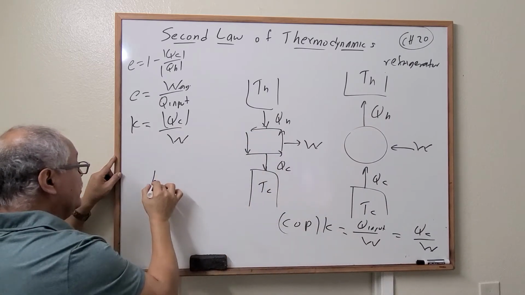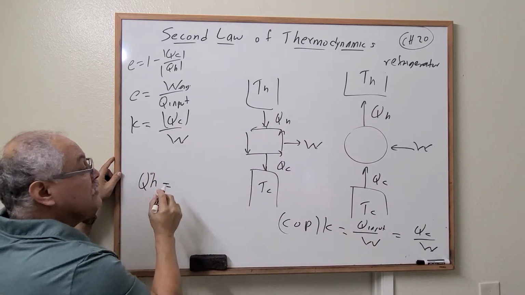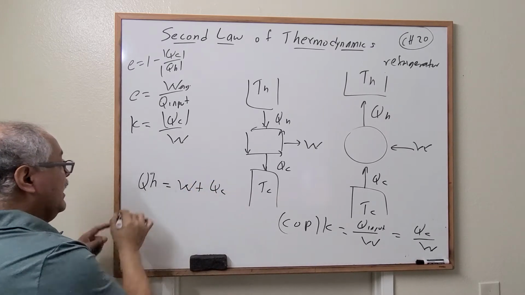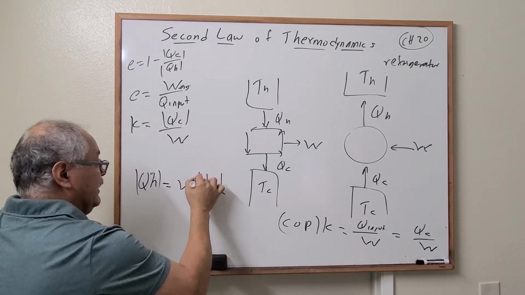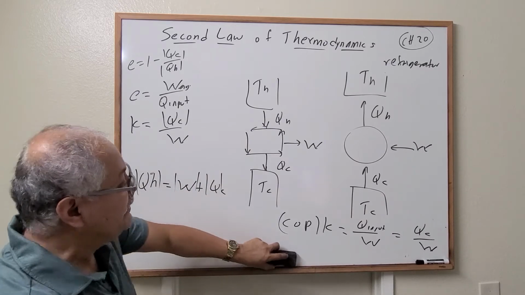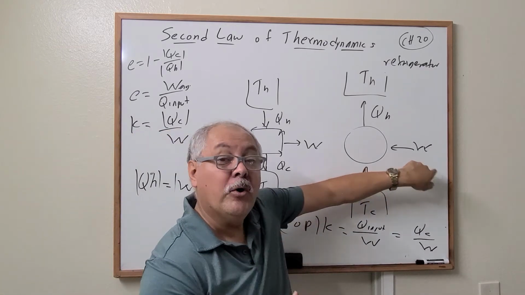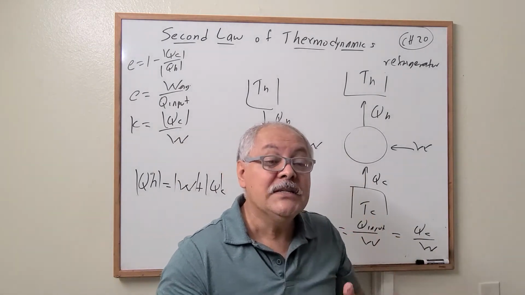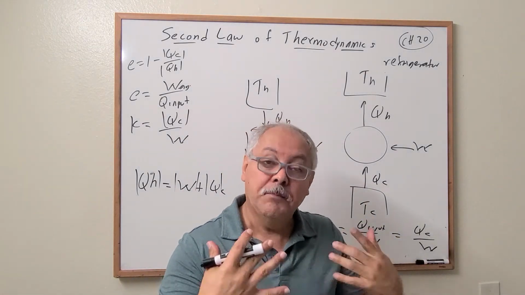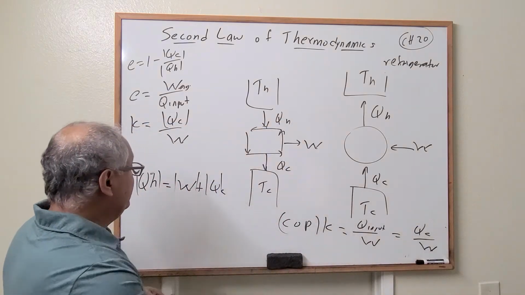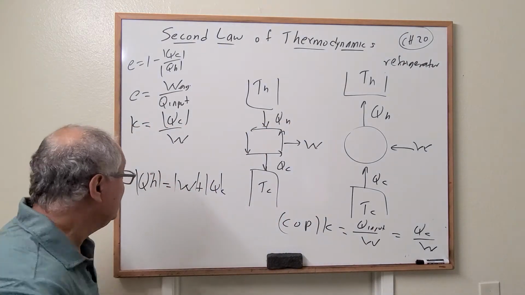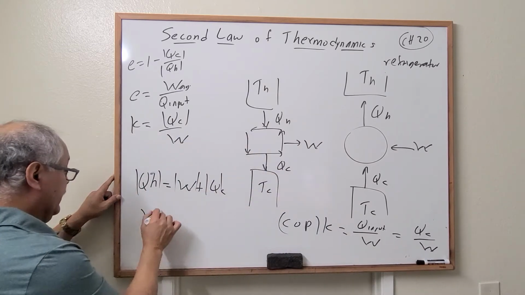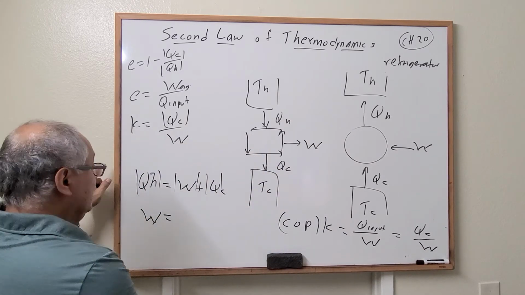So we can say that QH equals work plus QC, with absolute values to avoid signs, because remember, when work is done on the system, work is negative. When work is done by the system, work is positive. To avoid that, we represent it in this way. Perfect. Now we're looking for the work done by the heat engine. So work equals what?